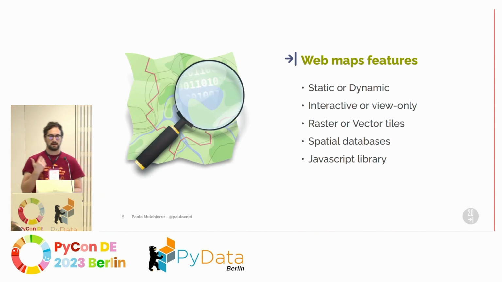A web map has many features. It can be static, dynamic, you can interact with it, or you can only view it. The map can use raster or vector tiles to represent the surface. Usually, the data is stored in a spatial database. And a web map will use a JavaScript library to show data on your map.